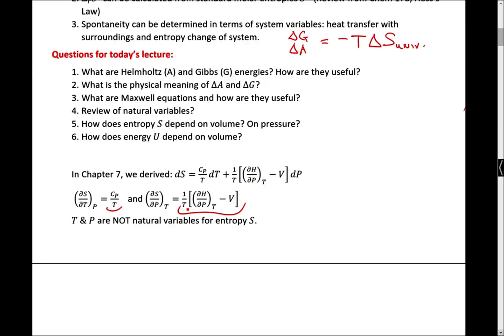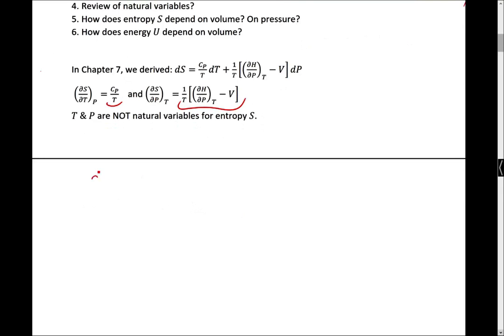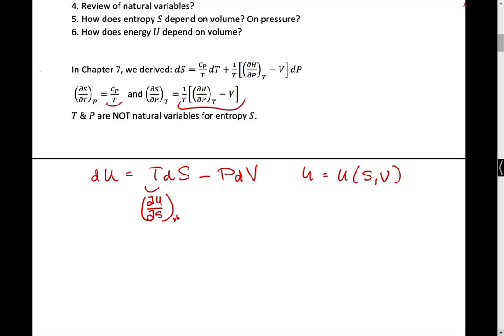What we've previously pointed out is, looking at dU, we've shown that that's equal to TdS minus PdV. Okay? Using the same logic, we can say that this equation tells me that U is a function of S and V. And this first term is dU/dS holding V constant.